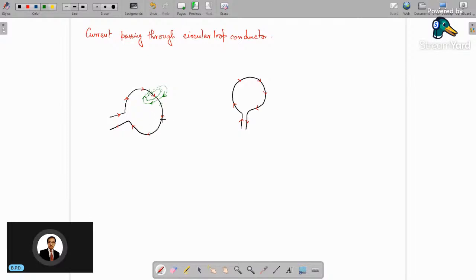So if we go on like this, then we will find magnetic field lines like this for the total conductor.